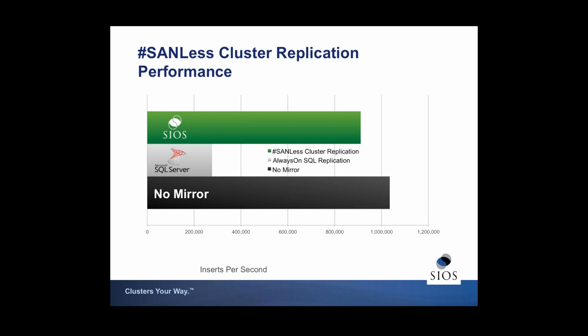Then we turned off availability groups, and instead we leveraged DataKeeper's block-level volume replication, and because it's a much more efficient method of transferring data, it had a much lower impact on performance. So yes, there still was some performance impact. Again, this is just writes that are impacted, reads are not, and DataKeeper was showing 10 to 15% overhead in that case.